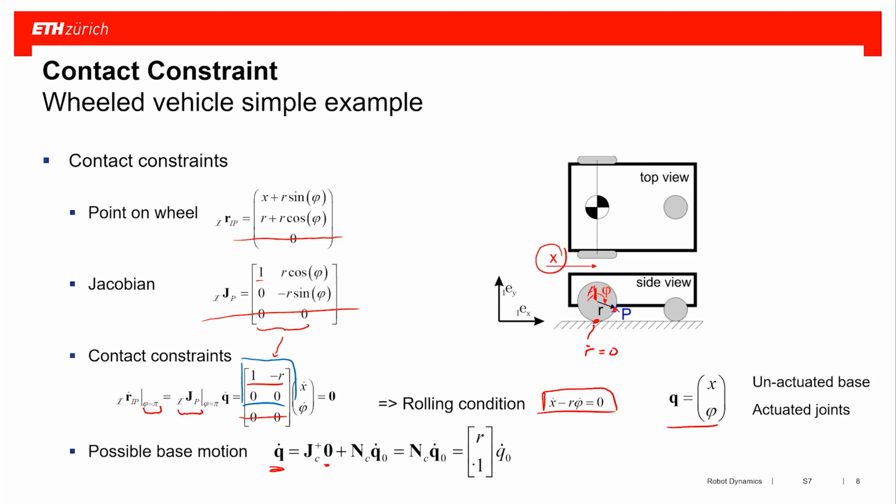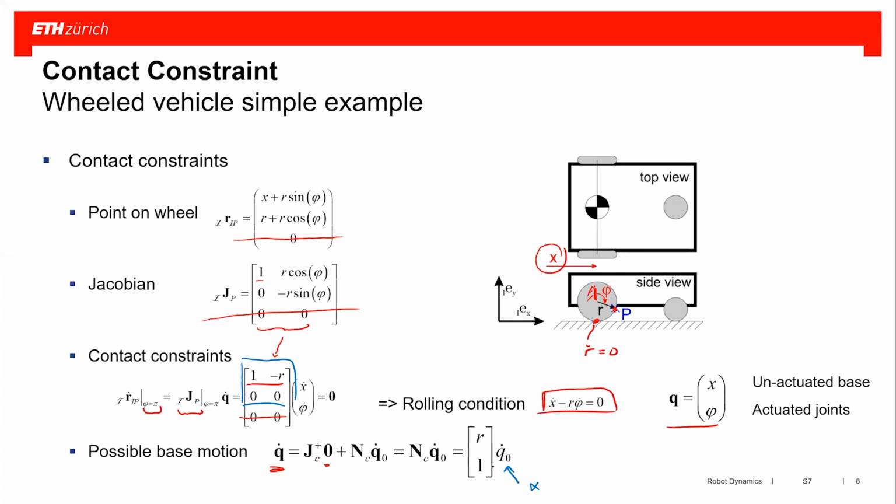And what I'm seeing in here now is, in essence, how my base should move and how my joints should move such that it is consistent with the contact constraint. So if I give a random number alpha here, then I know that I have to move my x by r times alpha, and I have to move my angle by alpha.